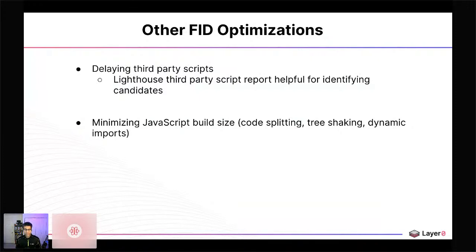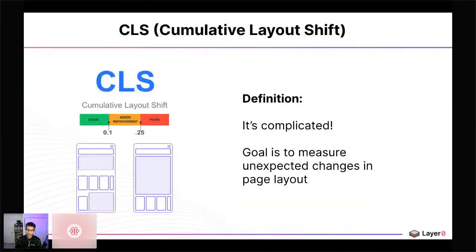The other thing is, sending less JavaScript means there's probably less JavaScript to execute. So these are your classic techniques that have always been good practices: code splitting, tree shaking, and dynamic imports would be really helpful. Some of this is actually done for you in Next.js. So again, I recommend using something like that.